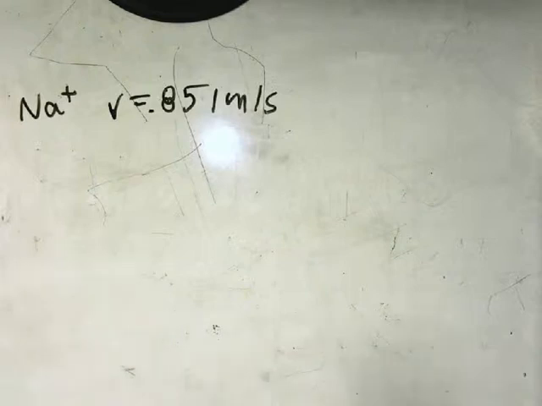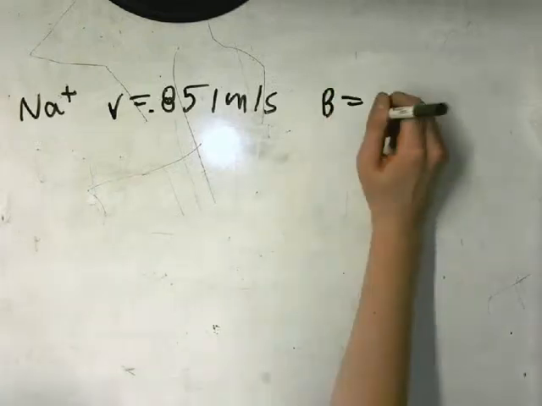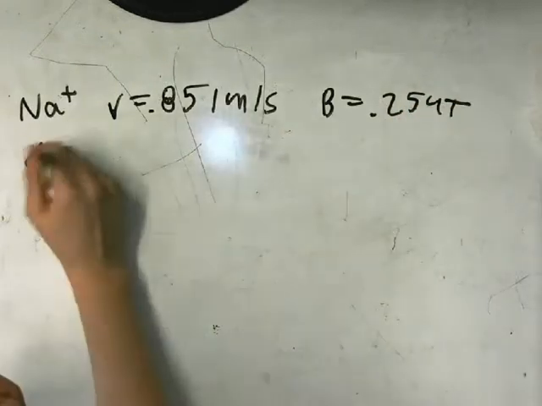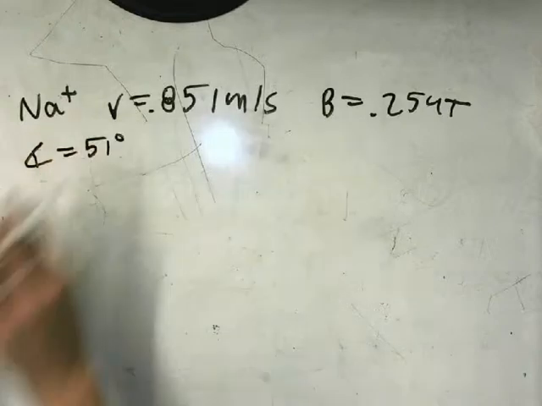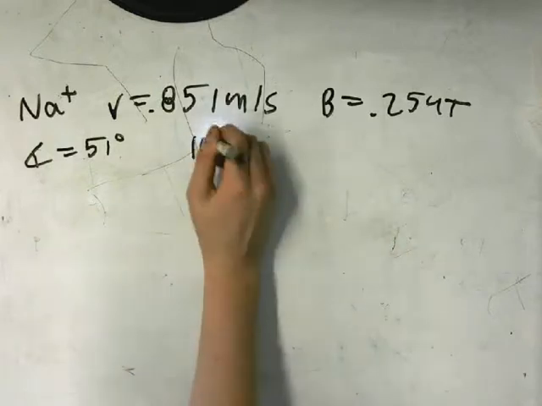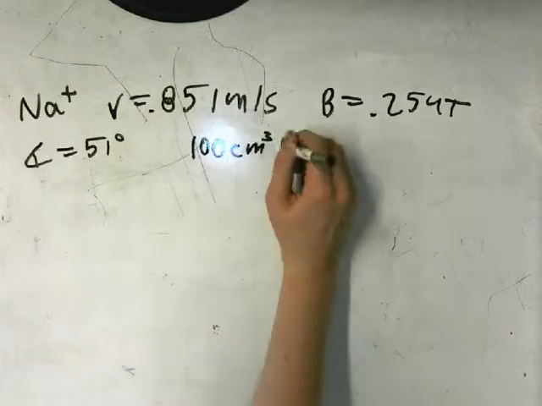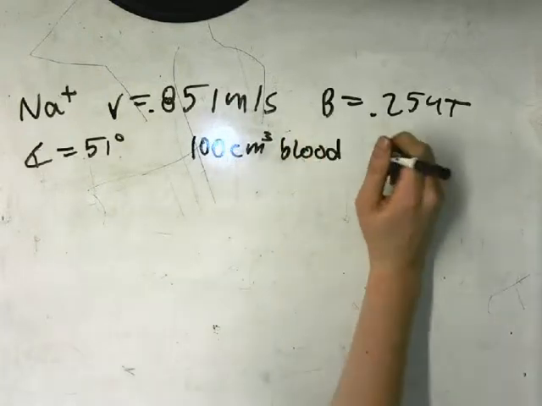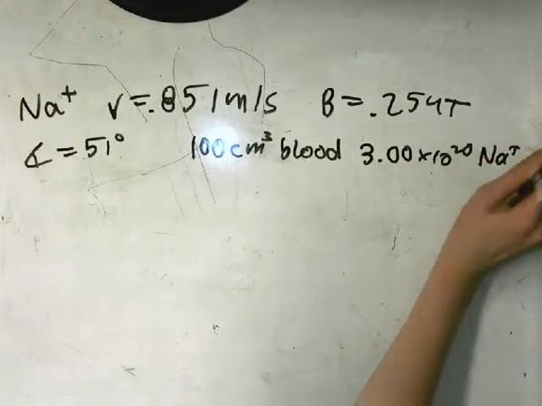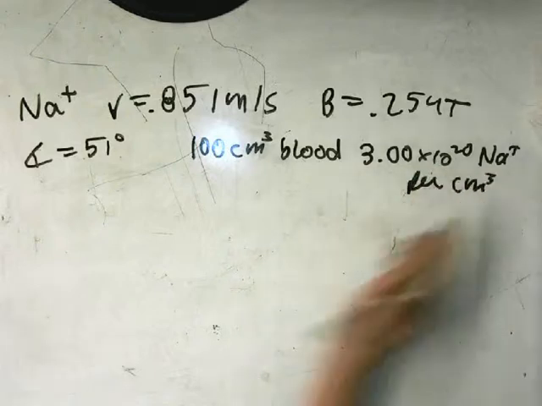The magnetic field is 0.254 T, and the ions are moving at an angle of 51 degrees to the magnetic field. The arm contains 100 centimeters cubed of blood with 3 times 10 to the 20th Na plus ions per cubic centimeter.